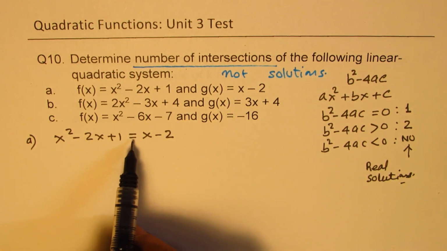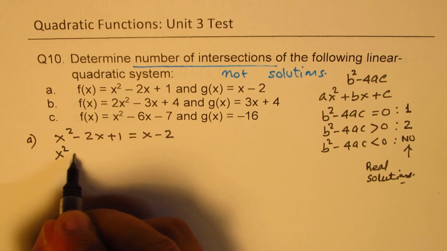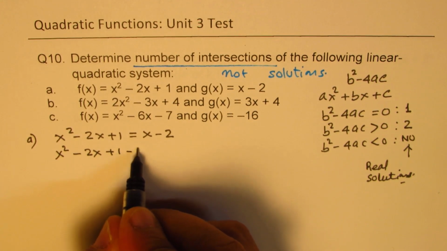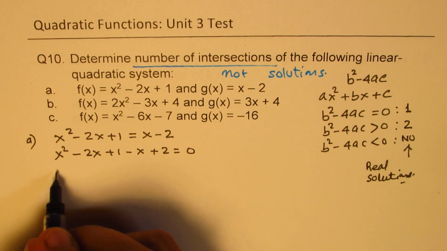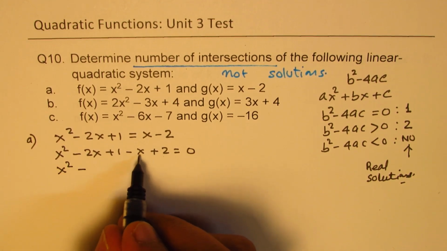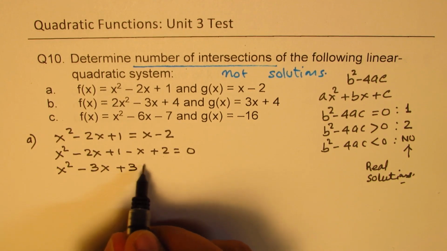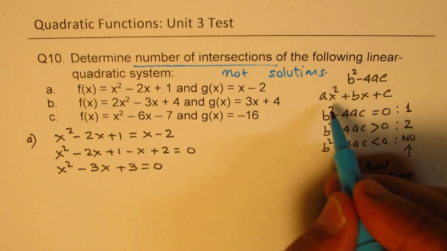So that means equal to, right? So let's rearrange. You could write this as x square minus 2x plus 1 minus x plus 2 equals 0. Combining the like terms, we get x square minus 3x, 1 plus 2 is plus 3, equals 0, right? So we get the equation in standard form, which is this.